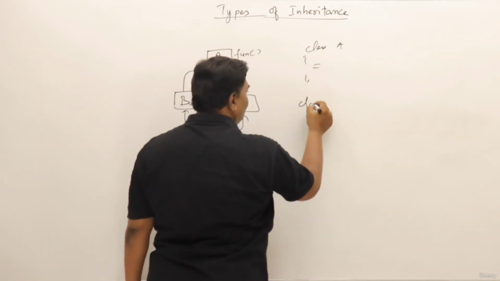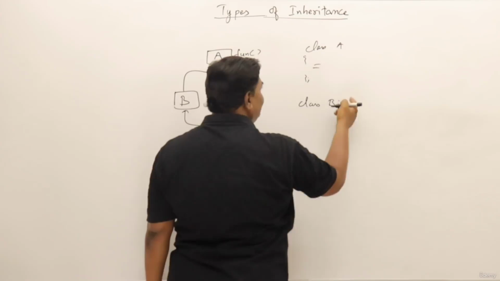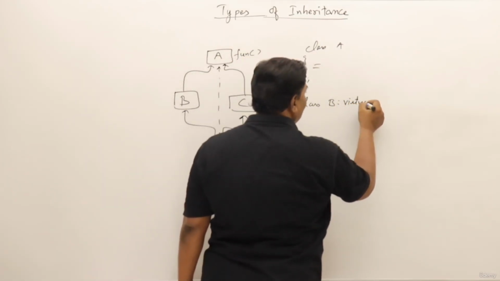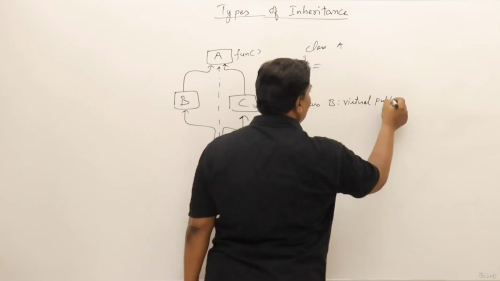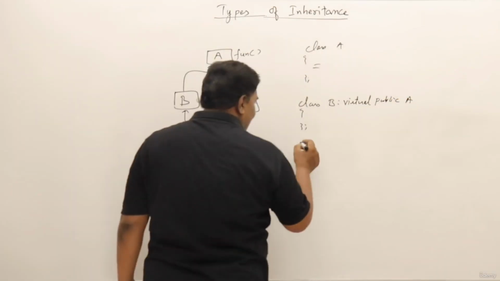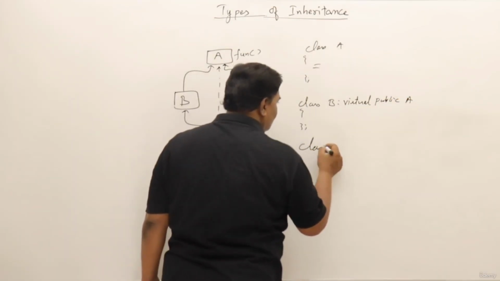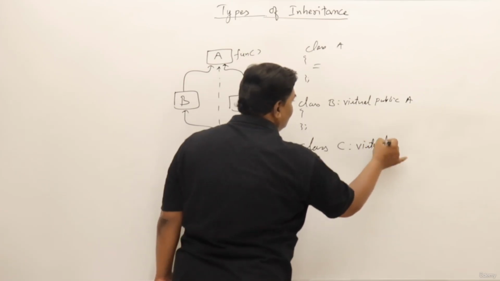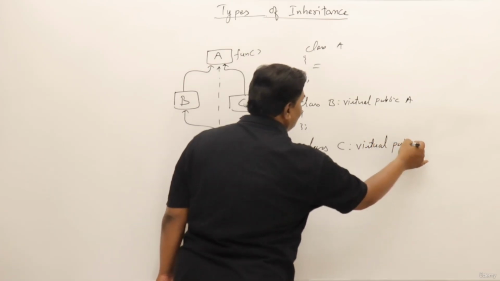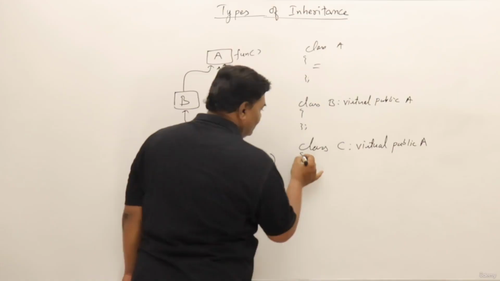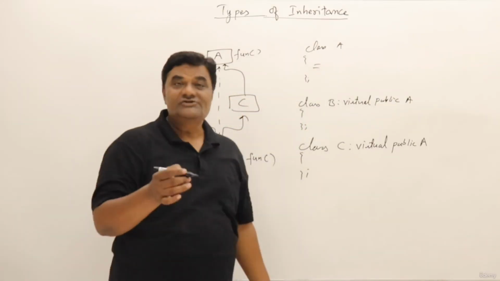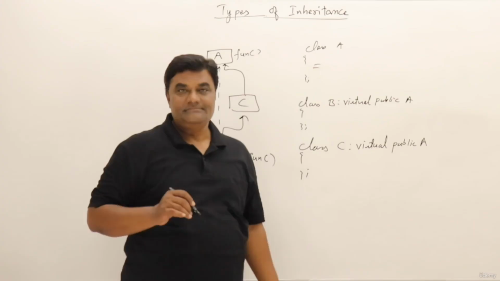Then we have a class B, which is publicly inheriting from A, so we say virtual public A. Next, class C, that is also virtual public A.